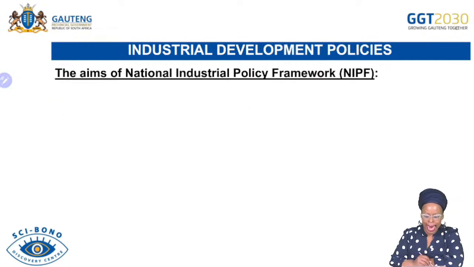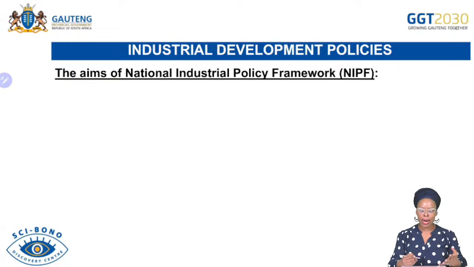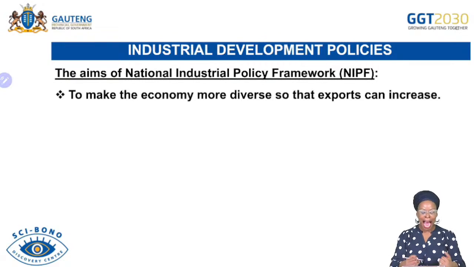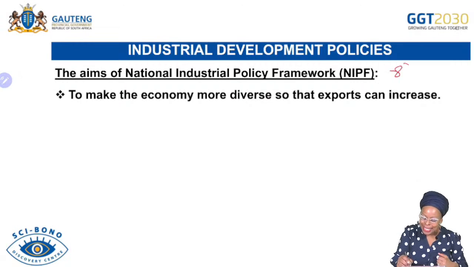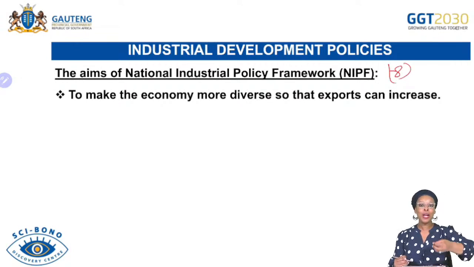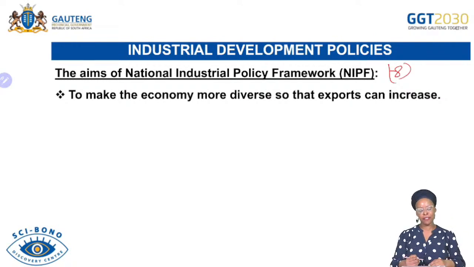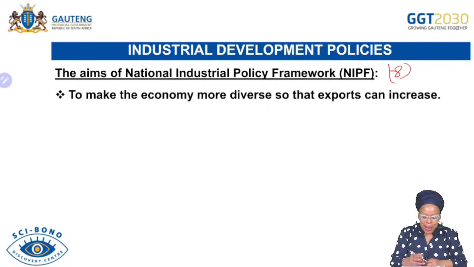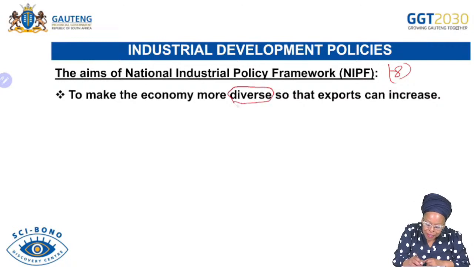Okay, let's look at the National Industrial Policy Framework, the NIPF. You can be asked for 8 marks to briefly discuss the aims of the National Industrial Policy Framework. You tell us that this particular policy aims to make the economy more diverse.